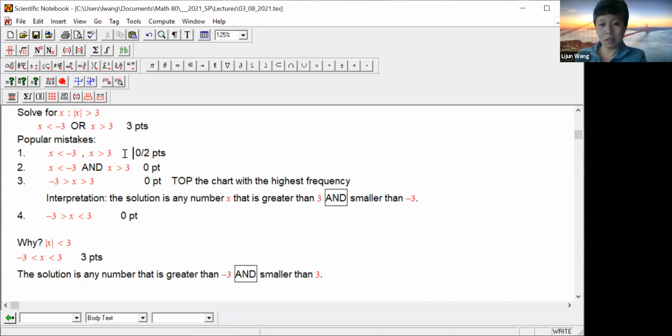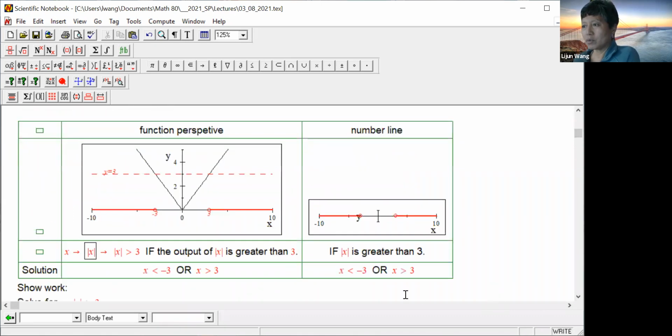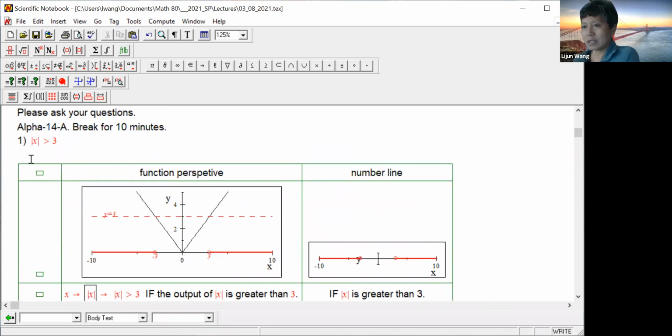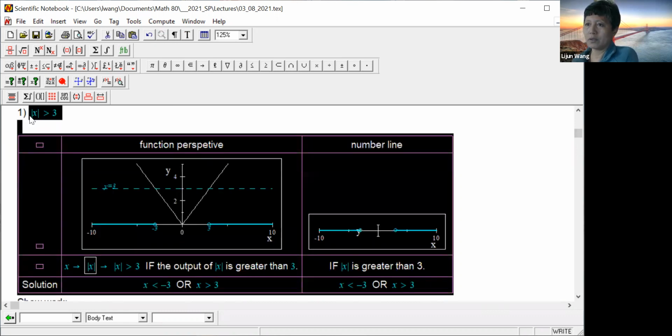So it's your turn. Oh no, wait, greater than or equal, right? Greater than or equal case. So we did the first one for number 1, for 14A. So let's look at what if we change it to greater than or equal to. This is going to be number 2.